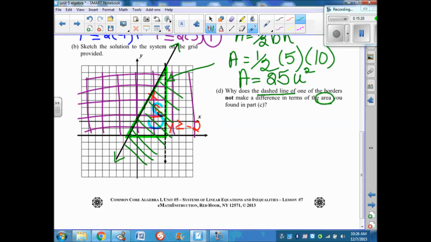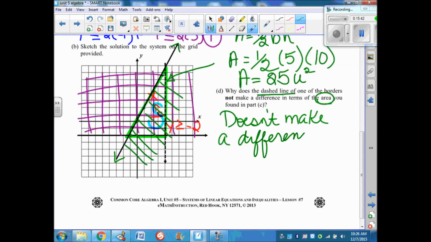You're just talking about the space inside. So it doesn't make a difference, because area is the space inside.